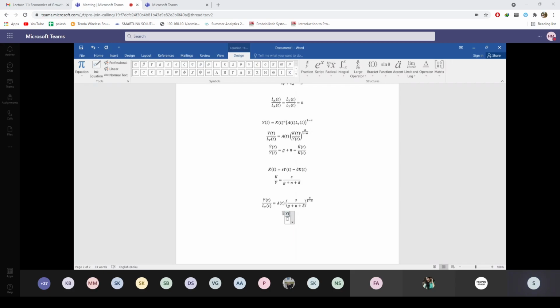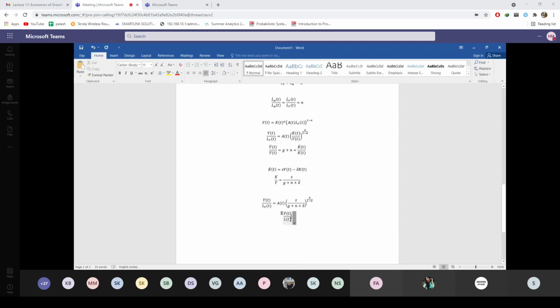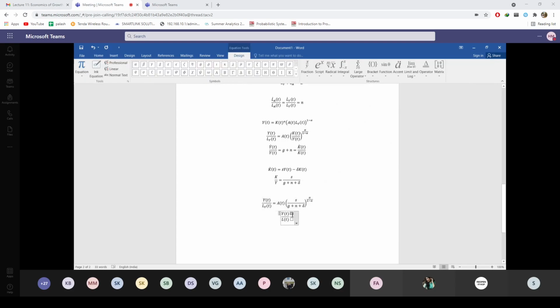Capital Y_T by capital L_T multiplied by L_T by L_Y_T equals, this term is unchanged.